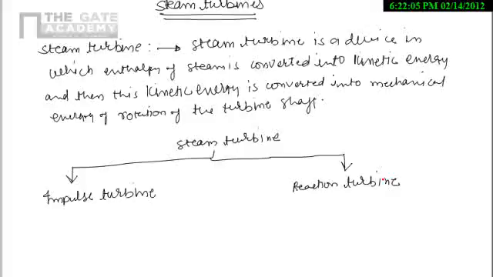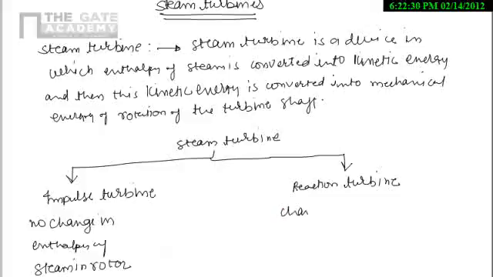But in case of reaction turbine, the enthalpy of the steam will also change in moving blades. So I can write, impulse: no change in enthalpy of steam in rotor.